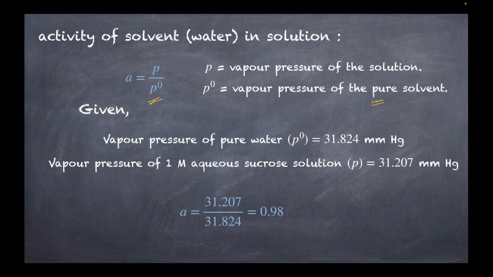So we know the values of P and P0, so we can find the activity A. A will be equal to 31.207 divided by 31.824. So the ratio is 0.98. So the activity of the solvent, that means water, in our solution is 0.98.